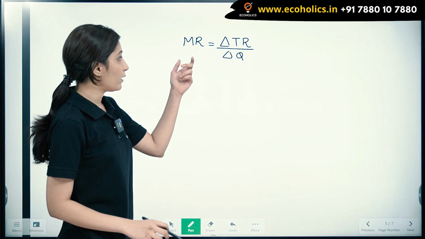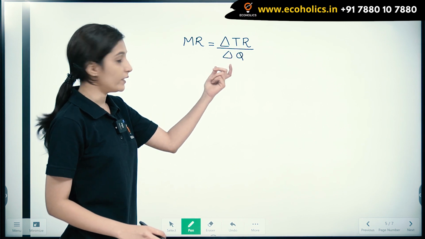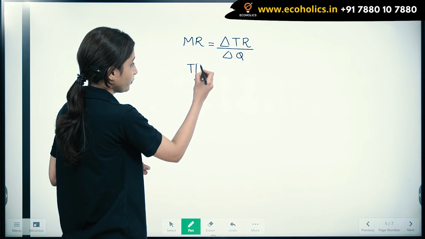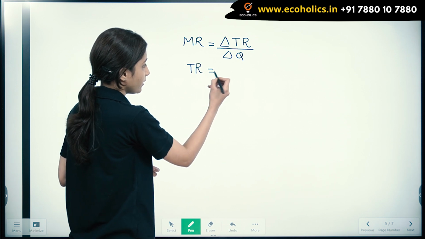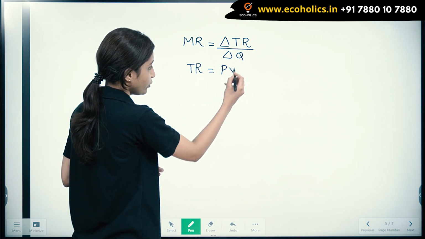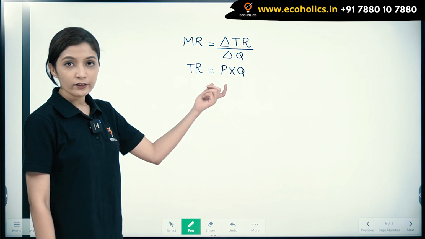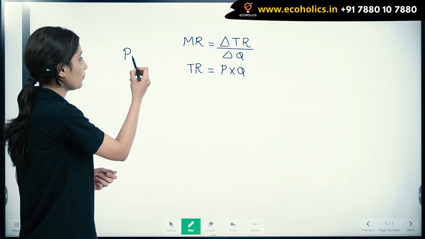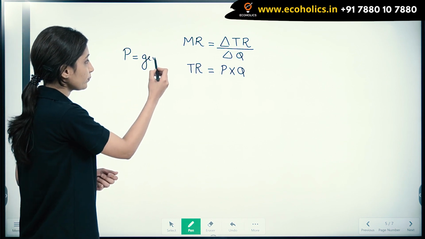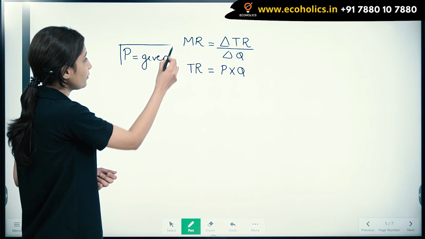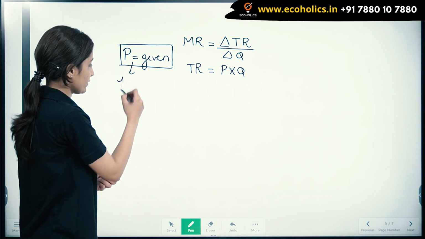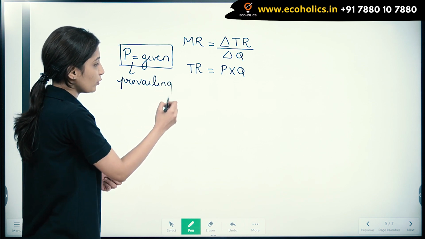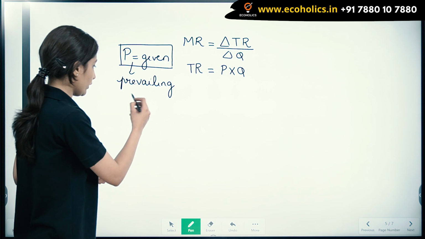So, the formula for MR is delta TR upon delta Q. And we know that total revenue is equal to price into quantity. But in case of perfect competition, price is given. So we have a prevailing price. The firm can sell any amount of output at the prevailing price only.